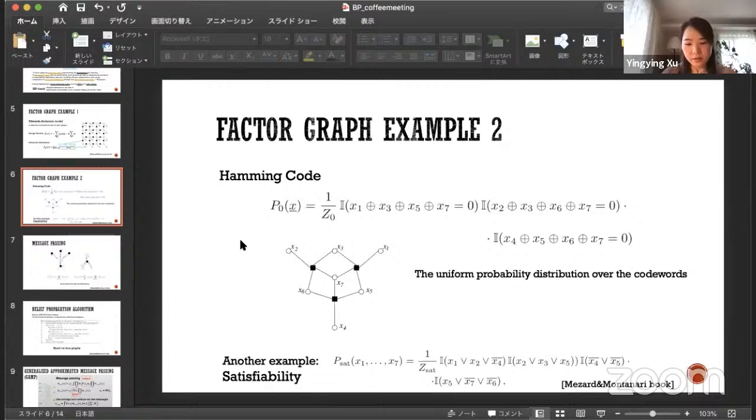Signal processing, like cell phones, channel processing. We send some signal. Coding theory is, we have information, but the code means you transform it to another message and you pass it to another person. But during the channel, there are noises. The noise is represented by a conditional probability in the model, and the receiver has to infer what the original message was.